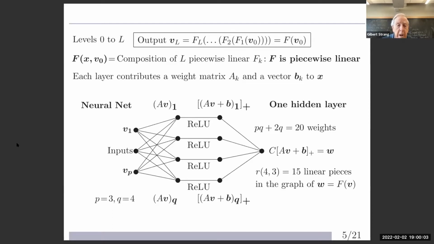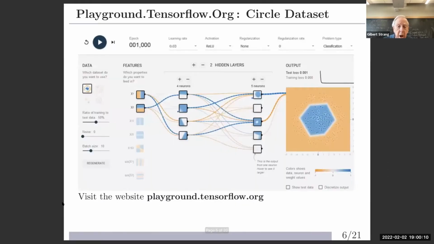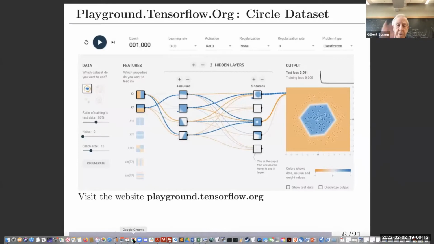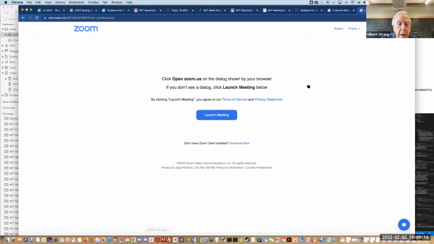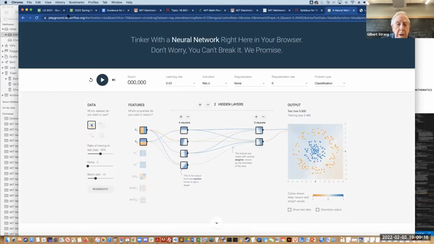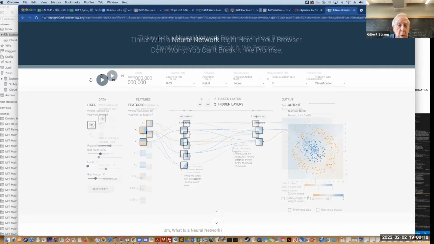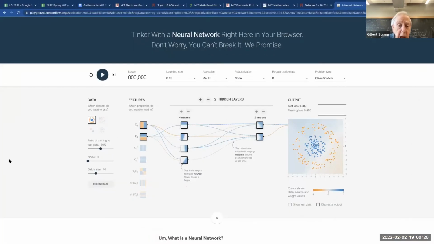Let's go to the next slide. This is really what I want you to see. A person who works at Google near MIT created this interesting way to have some real experiments with a neural net.